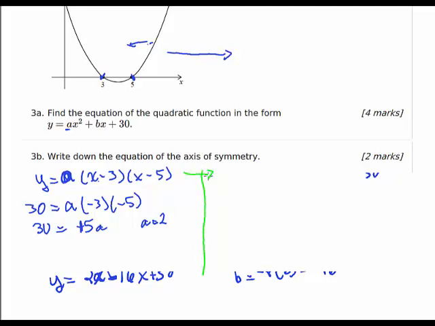I'm also going to look at this as y equals a and multiply out my two parentheses, so I have x squared, minus 3x and minus 5x makes minus 8x, and minus 3 times minus 5 plus 15. And now we know a is 2.